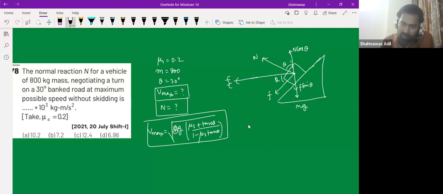Right, so what was the vertical part? Yes, guys, tell me, what was the vertical part? That is why I showed you the diagram, right?